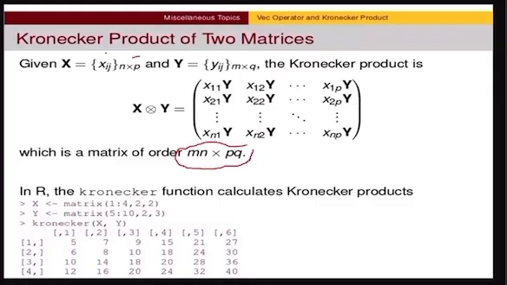The dimension of matrix X is N and P. The dimension of matrix Y is M and Q. But the dimension of the new matrix that we have is MN by PQ, which is this one. I wanted you to take note of that.